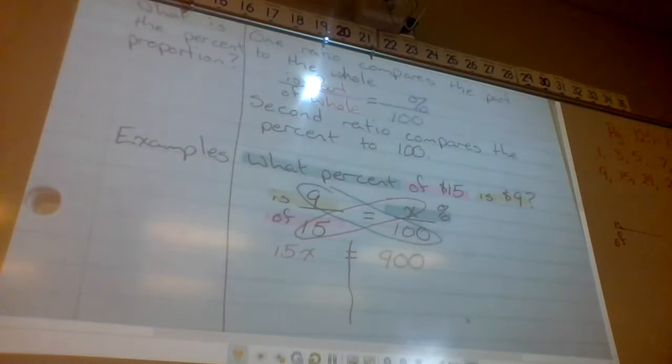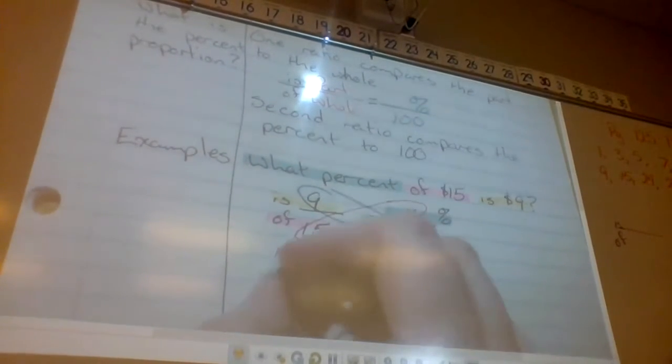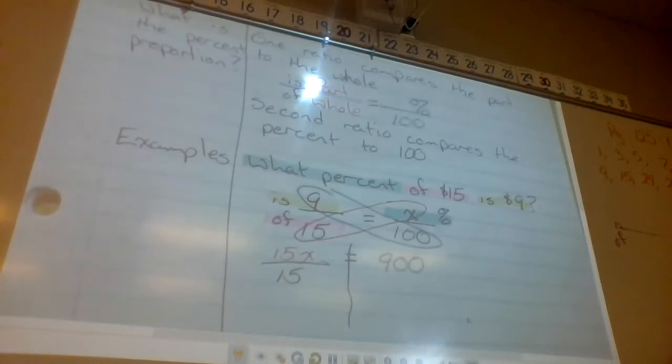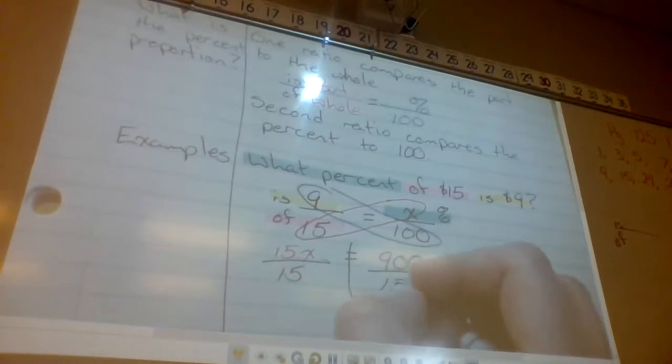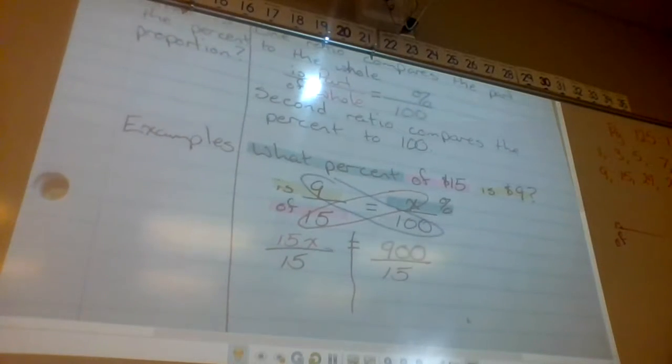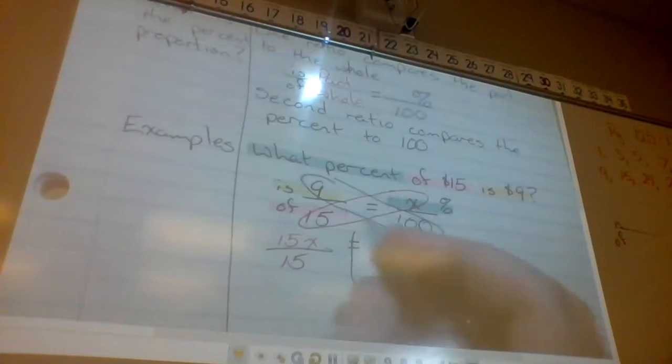Your variable's on the left. The operation you see is multiplication. The inverse of multiplication is to divide. So we are going to divide by that 15. What you do on the left, you do to the right. What's 15 divided by 15? It's 1.